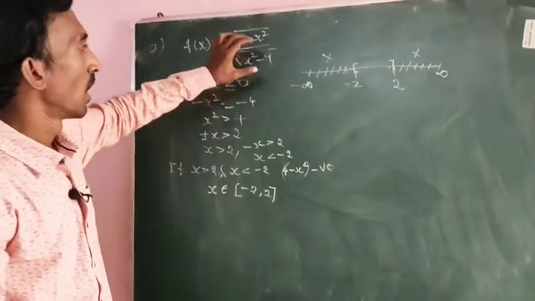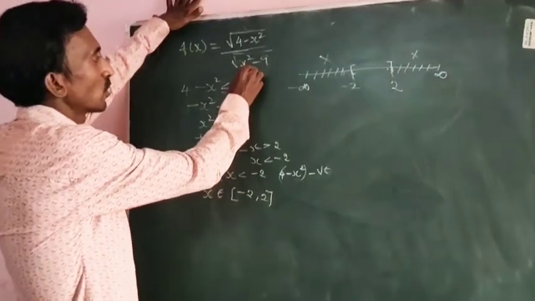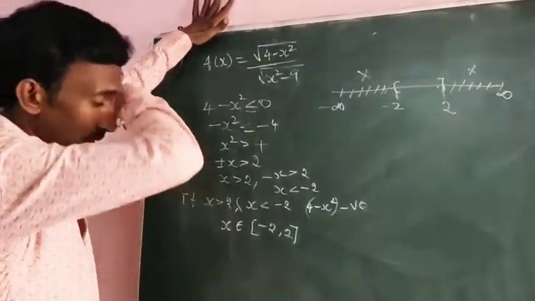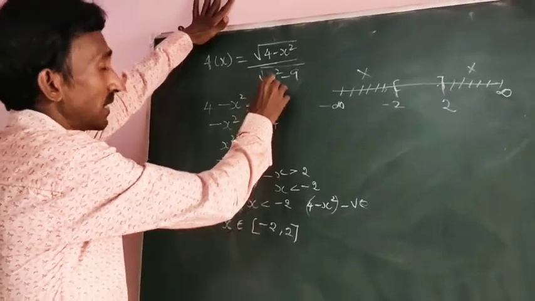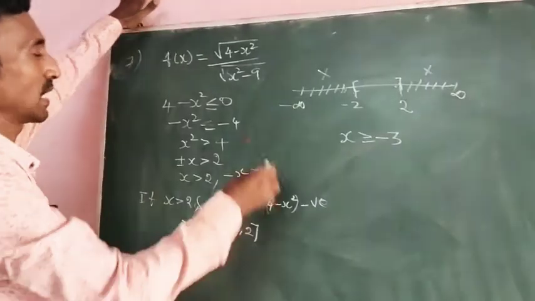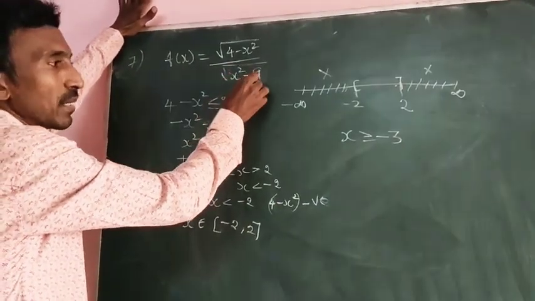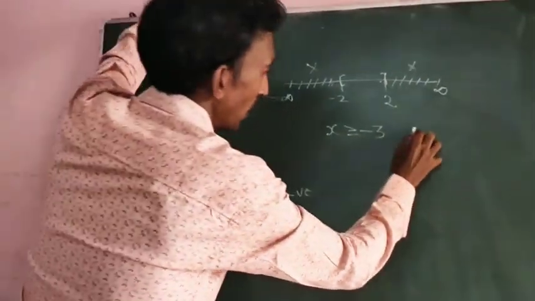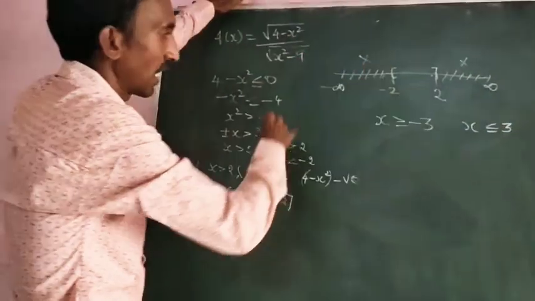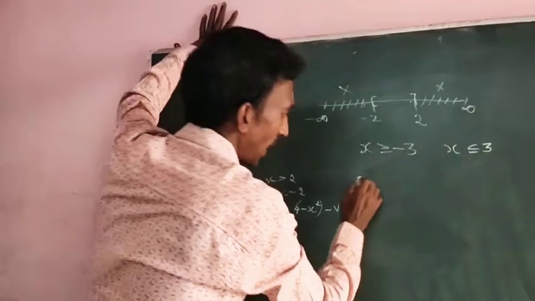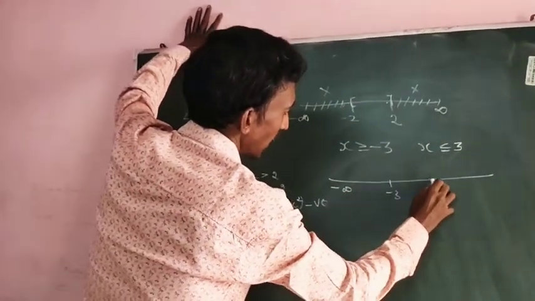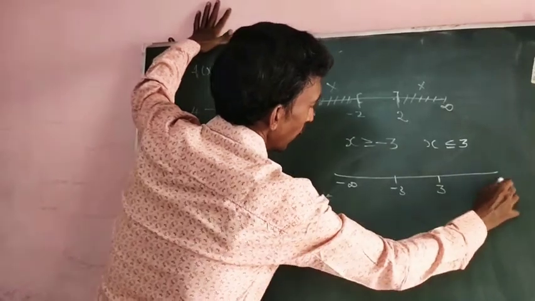Similarly, we can observe for what values of x, x square minus 9 is negative. For example, if x is greater than or equal to minus 3, for example, if you put minus 2, it becomes negative. And also, if x is less than or equal to 3, it is negative. Again look at the real line, minus infinity, minus 3, 3, infinity.